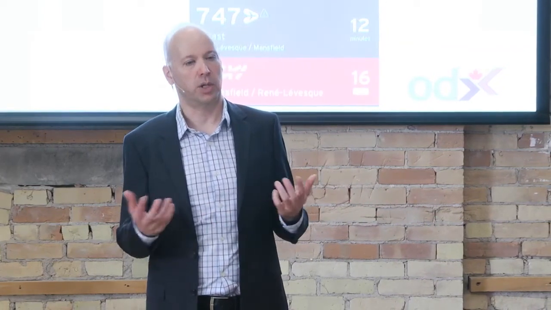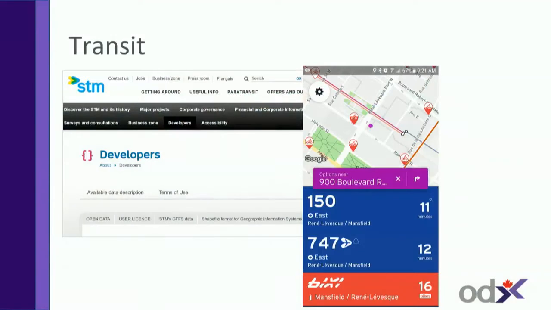Transit is a company in Montreal, and basically what they've done is create a mobile app that allows people to get from point A to point B in the most efficient manner possible. They've taken information that's available from a number of municipalities. They have about 170 cities around the world that they're currently providing this service for.